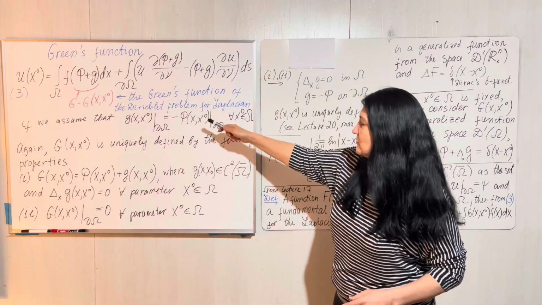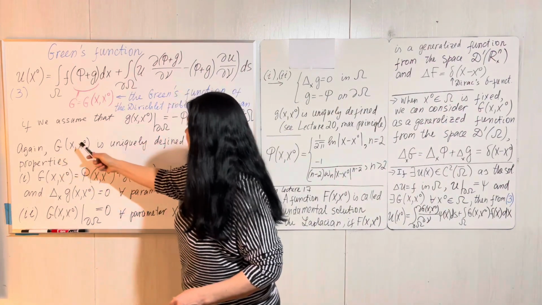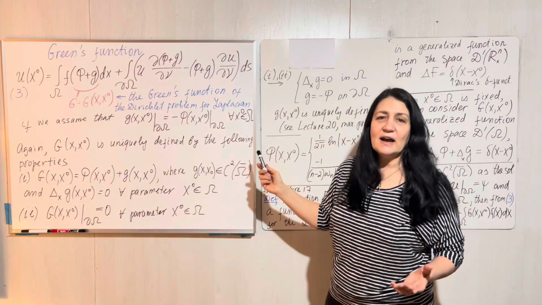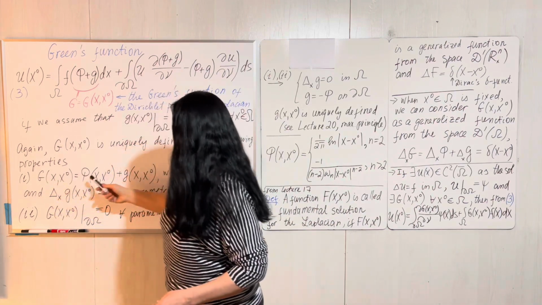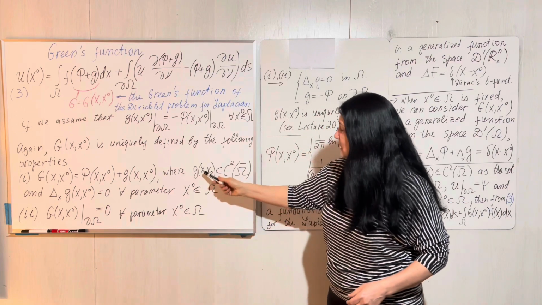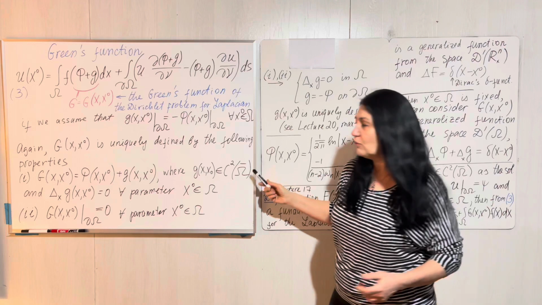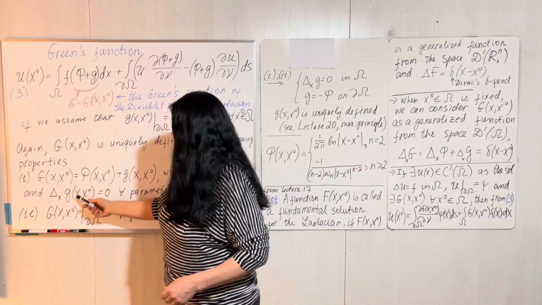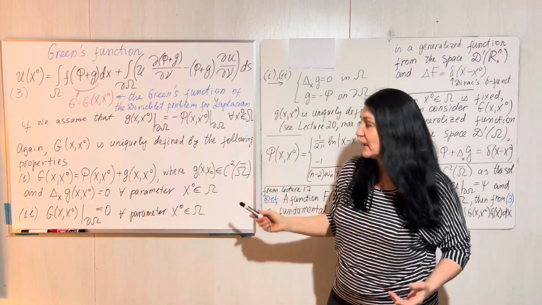So let me write it again in detail. G of x, x naught is a function that is uniquely defined by the following properties. G is a sum of φ and little g, where little g is a C2 function in the closure of omega, and it is harmonic with respect to variable x for any parameter x naught in omega.